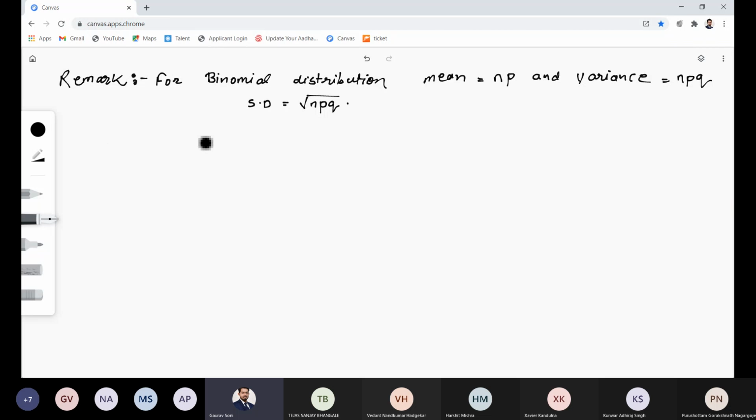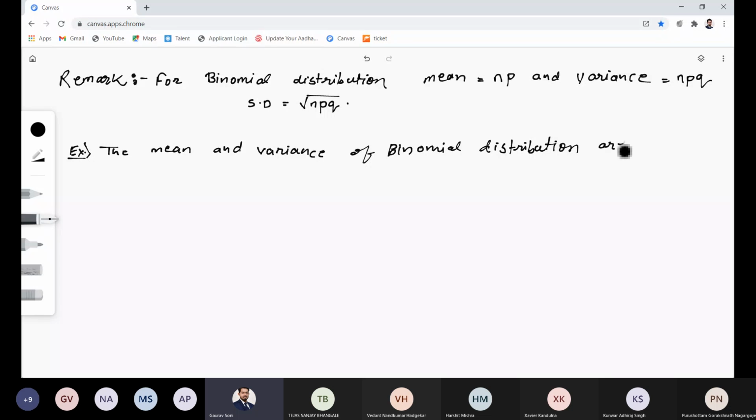So there can be questions like this, for example: the mean and variance of a binomial distribution are 6 and 2 respectively.